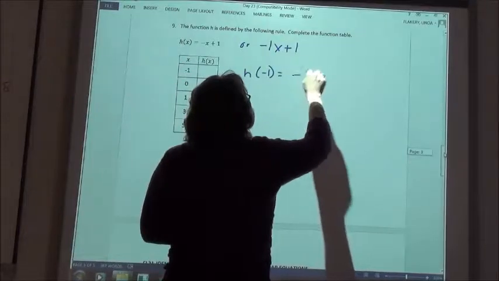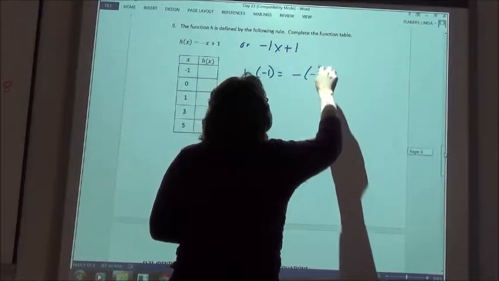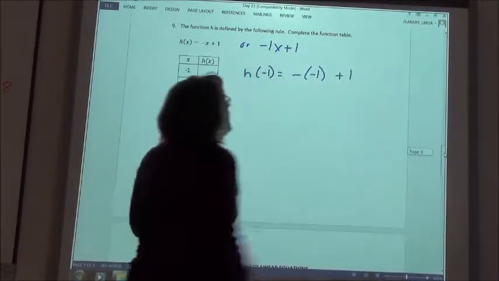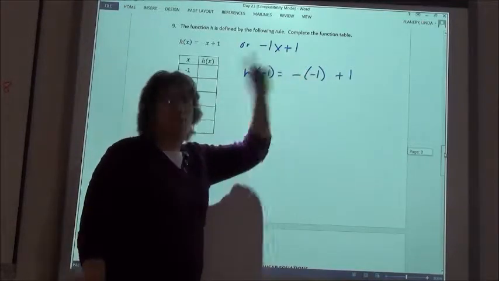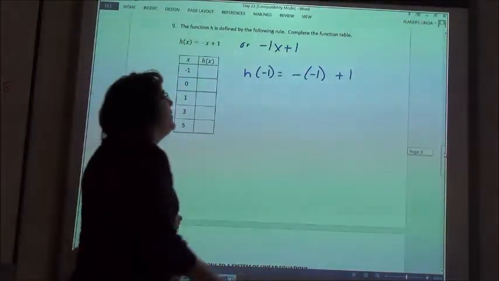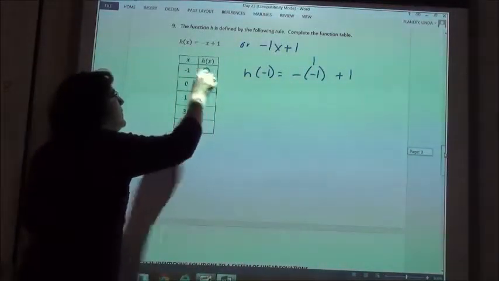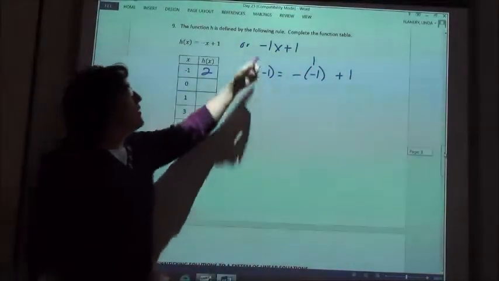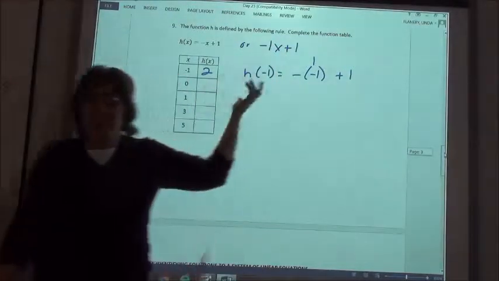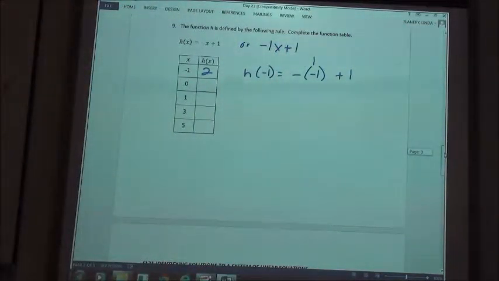They'd have minus, and then they're going to put the negative 1 in, plus 1. When you do minus a negative 1, you get a positive 1. And 1 plus 1 is 2. Or if you did negative 1 times negative 1, you still get positive 1. So they probably won't put the 1 there, but if you need to and it helps you out, put it there.